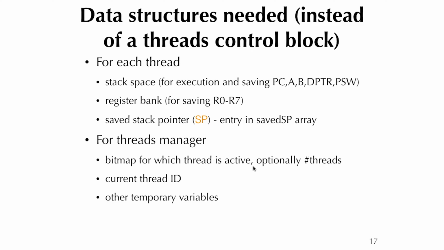Okay. Now, for each thread, that's kind of the memory you need. In addition, the thread manager would also need to keep track of a number of things. What are those? Well, for now, let's think of a bitmap, which is like a set, right, indicating which thread ID is active with a real thread running, which one is not. And you could keep the number of threads, but is that really necessary if you have a bitmap?